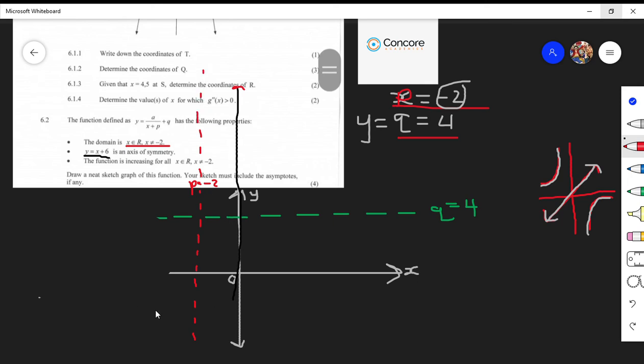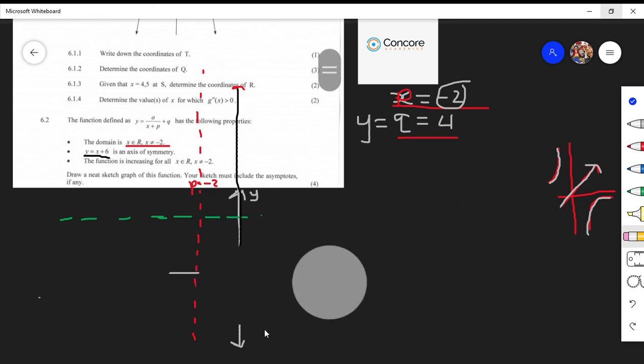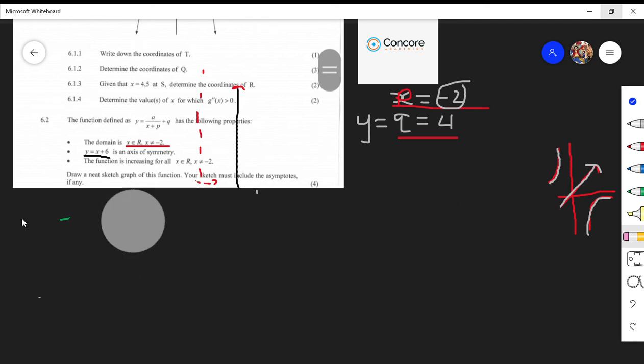Okay, so this is our axis. Let's extend this as well. Actually, not. Let me just redraw. This looks like a mess. Okay, sorry about that, guys.